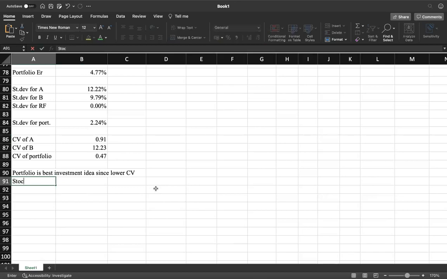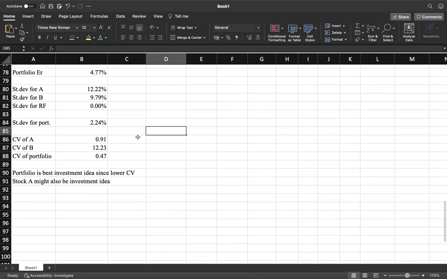Then stock A comes. Stock A might also be an investment idea, but after the portfolio, because its coefficient of variation is also less than 1, but more than the portfolio.